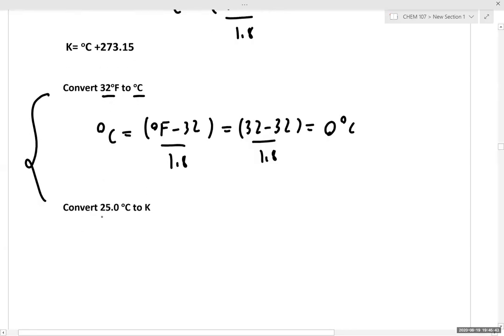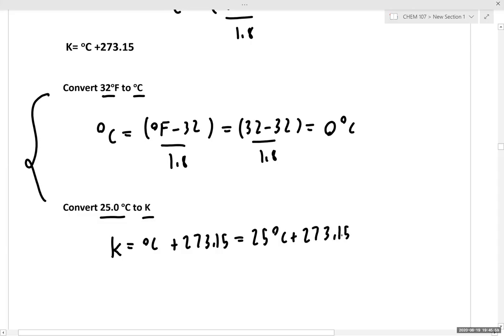We're asked to convert 25 degrees Celsius to Kelvin. We know that kelvins are equal to the degrees Celsius plus 273.15. So that gives us 25 degrees Celsius plus 273.15. So our temperature in Kelvin is equal to 298.15 Kelvin.